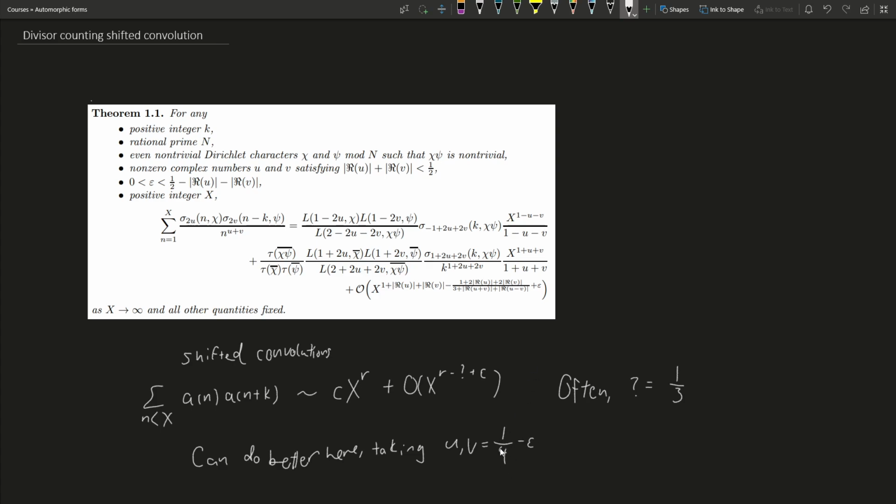No, it should be, I don't know, something like this. Okay, I'm not sure. But there's some combination, taking the u and v as the extreme points, that you get a little bit better than a 1/3 power saving here, which is kind of cool. The techniques are the same as what you normally see, so there's nothing really too special going on, but it is cool to see an example where you break this 1/3 barrier.